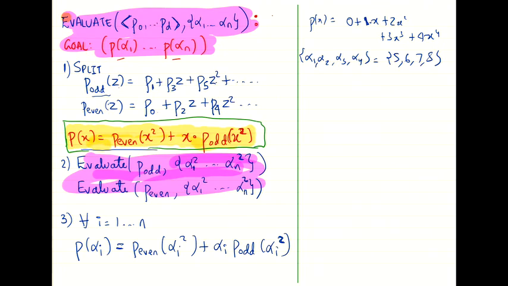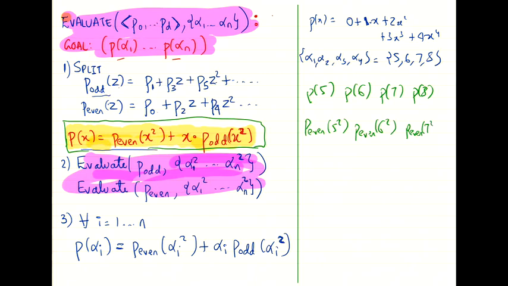So for instance, in order to compute P of 5, P of 6, P of 7, P of 8, I need to compute P even of 5 squared, P even of 6 squared, P even of 7 squared, and so on.